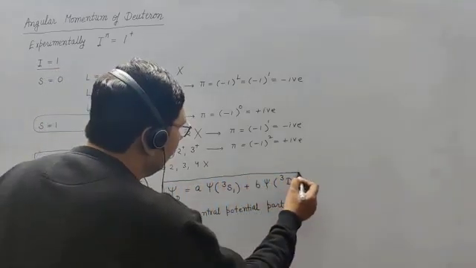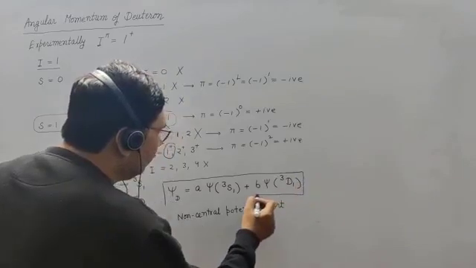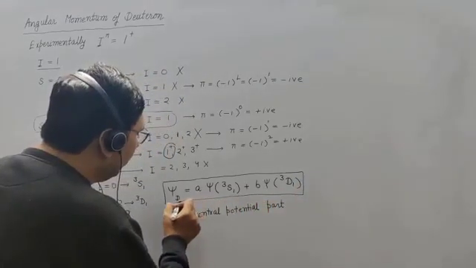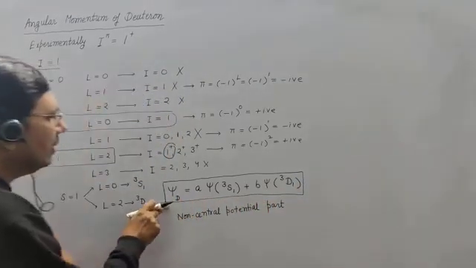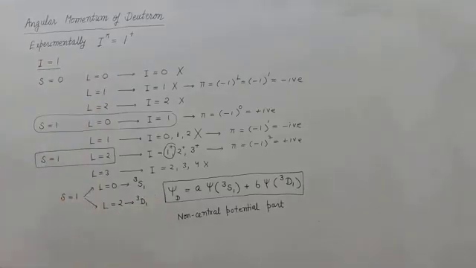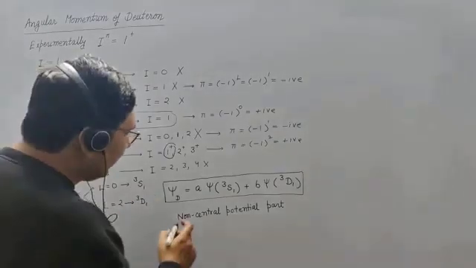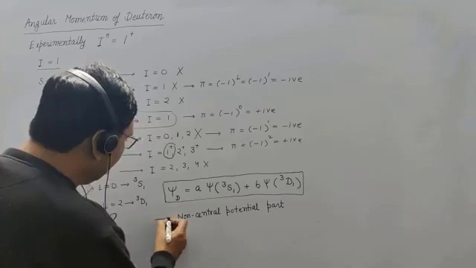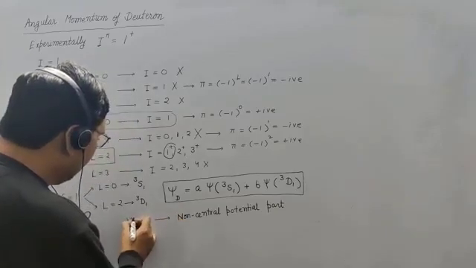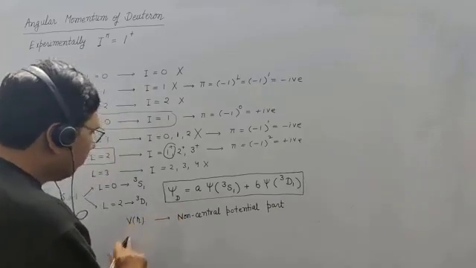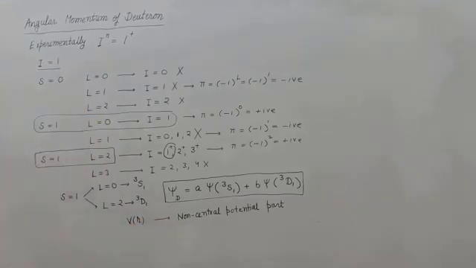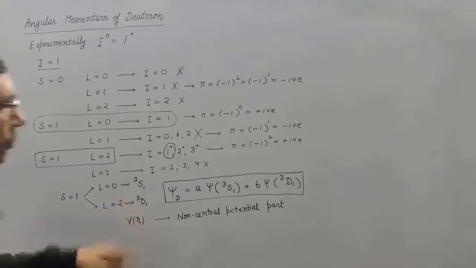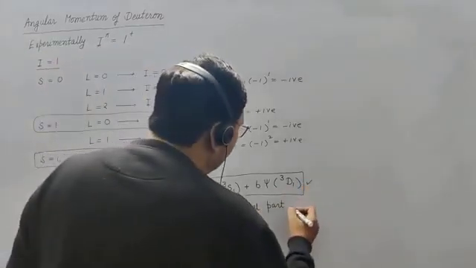One, that the ground state of the nuclei is a combination of two states, 3S1 and 3D1, and its potential V(r) has a non-central potential part. So these two things we are aware of now.